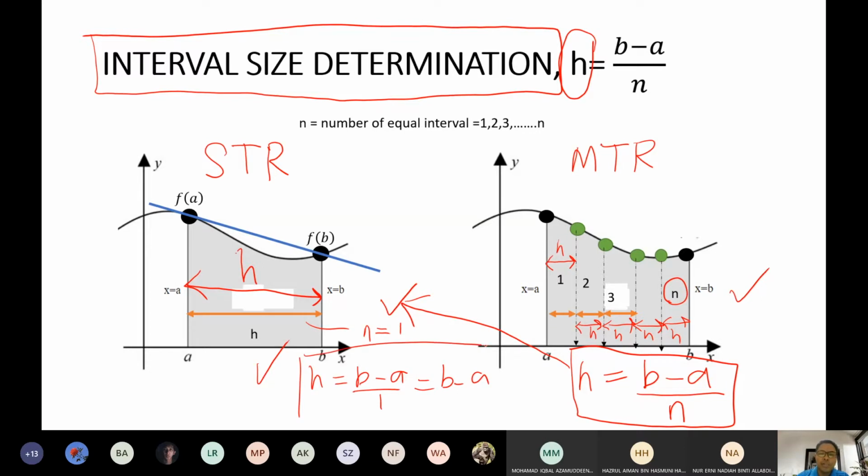So h for the single trapezoidal rule is only b minus a, but h for the multiple trapezoidal rule is b minus a over n. The next slide after this is to develop the formula for area based on the single trapezoidal rule and the multiple trapezoidal rule.